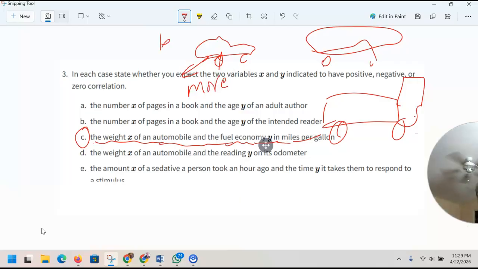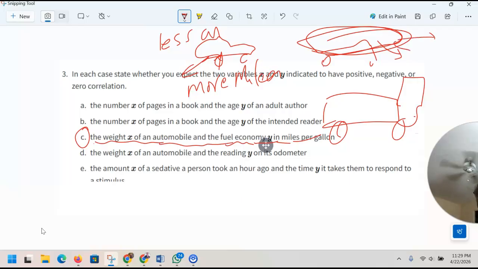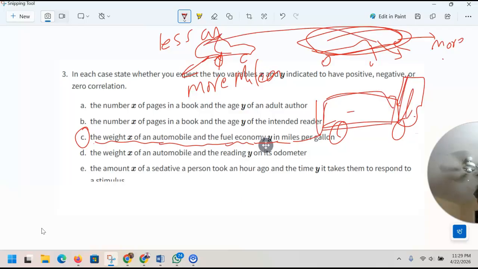Less weight means more mileage. This one is a little bigger in size, so it will give still somewhat less mileage than the previous one. And if it is a big, huge truck like this, then it will give less mileage. So there is a negative correlation here.